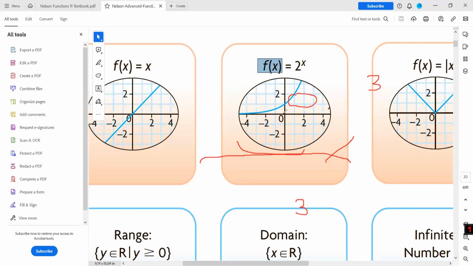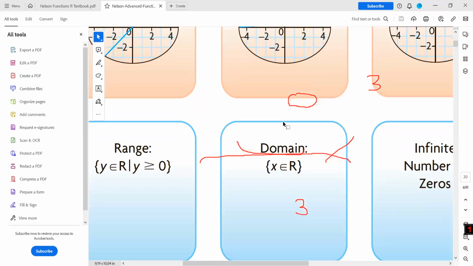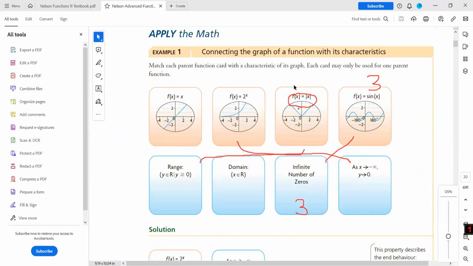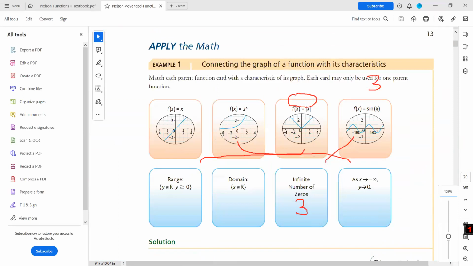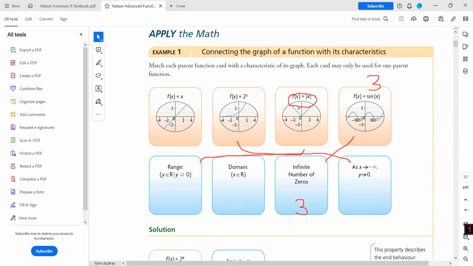Basically traveling to 0, but never actually equal to 0. That's the reason why we couldn't use the first card for the second graph. So x travels to negative infinity, y travels to 0. So now I can say that the second card, domain x in R, is suitable for the first graph.